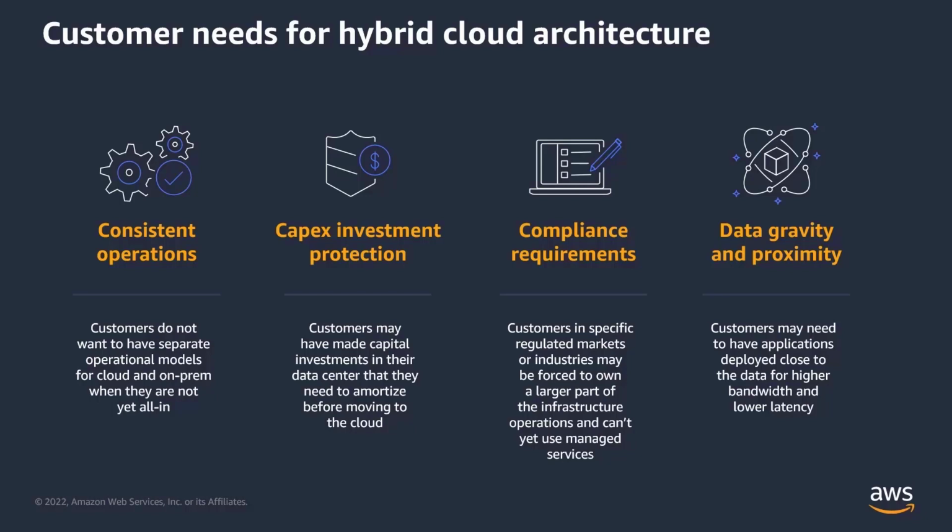They want to leverage their existing investments in infrastructure or just run that investment until they have to retire it. In some cases, they have to deal with local compliance regulations, or sometimes because of the nature of the application, they might need to keep those within a certain desired latency, and that is related to the data gravity and proximity use case.